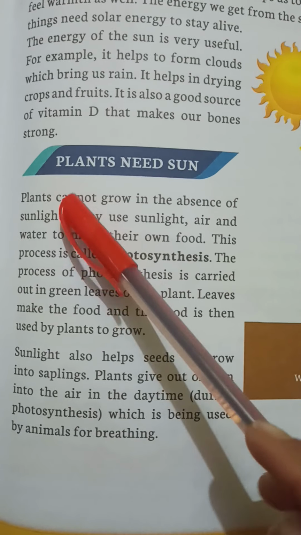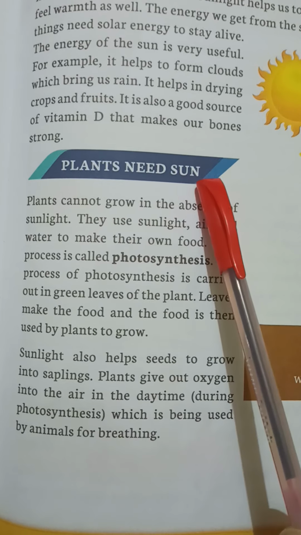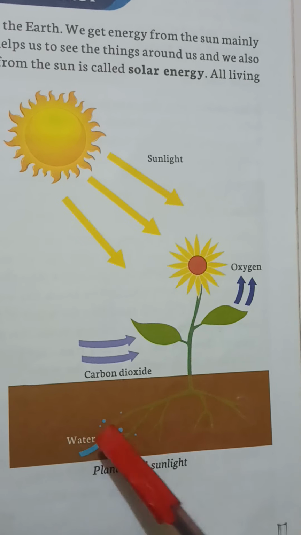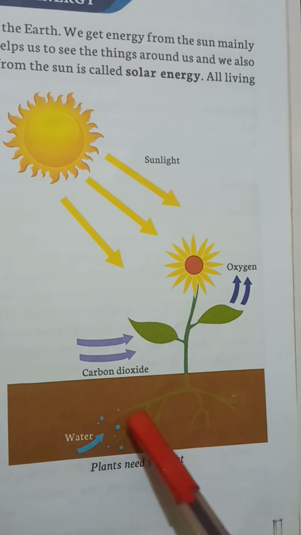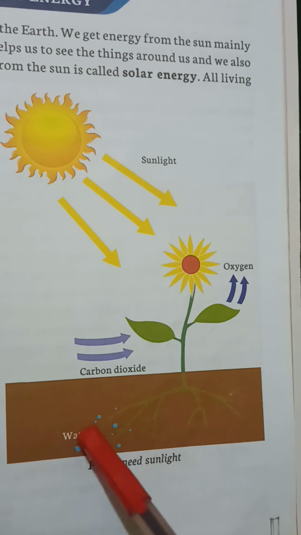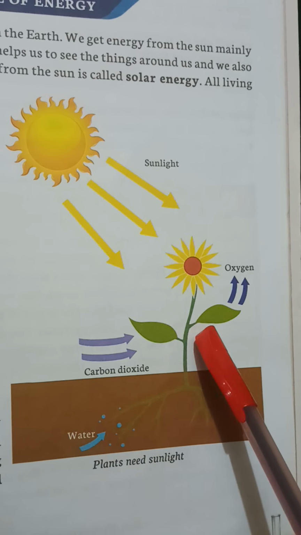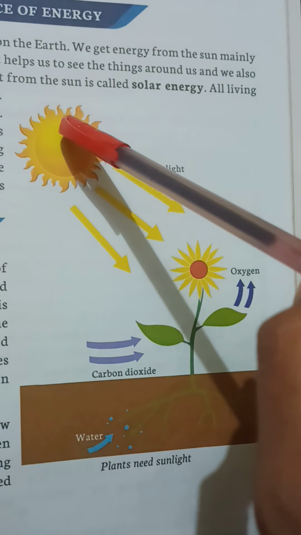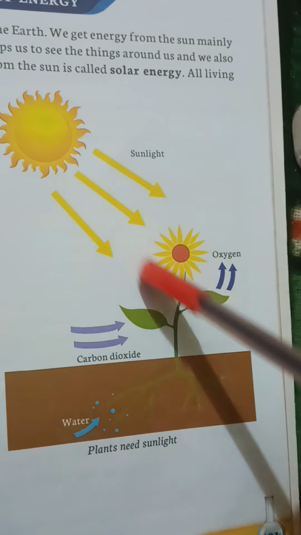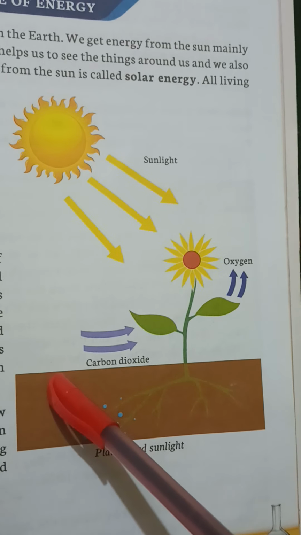Next bullet, the important points which we have to study: plants need sun. Look at this image. Here the roots are absorbing water as well as minerals, and it reaches the leaves. Next, the plant is getting sunlight and heat energy from the atmosphere.